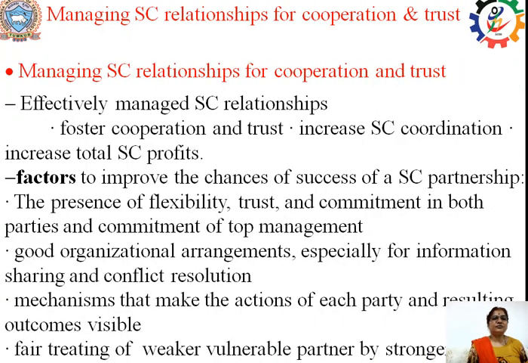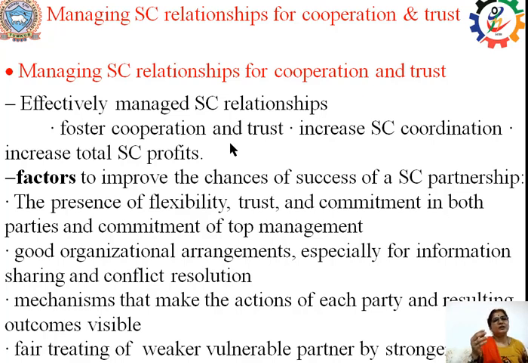Usually top management people take keen interest in designing the relationship for cooperation and trust. They prepare the document, circulate it, and all of them agree upon everything mentioned in it. But when the execution part comes, the managing of it, people fail, because top management thinks its responsibility ended, but it is not so.